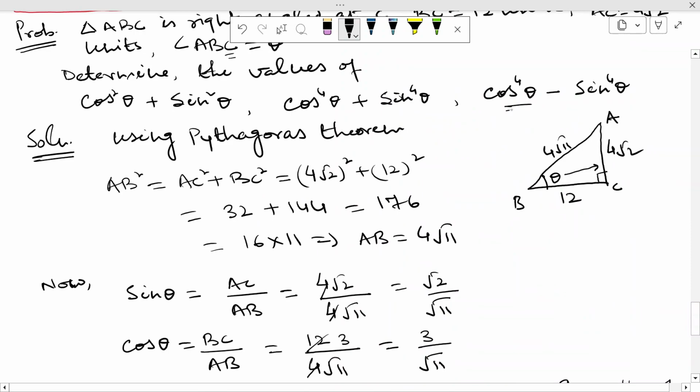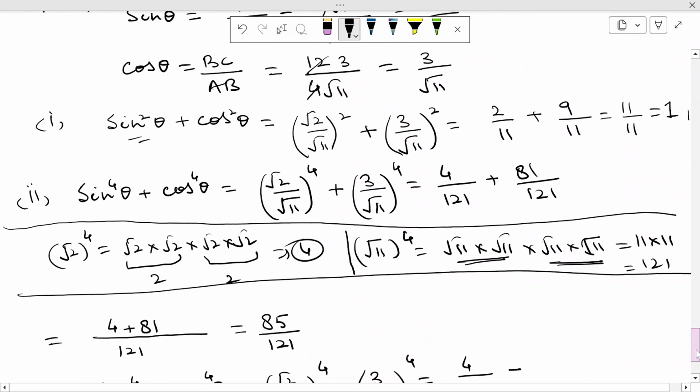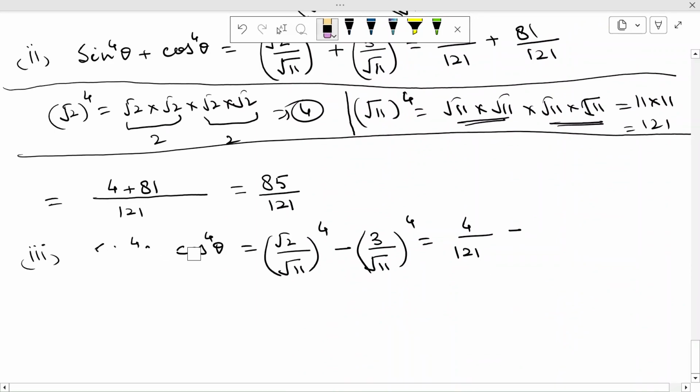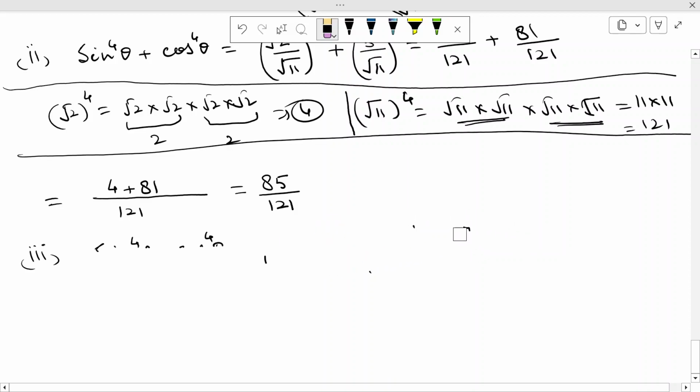We have to obtain cos to the power 4 theta minus sine to the power 4 theta. So we have to consider cos to the power 4 theta minus sine to the power 4 theta.